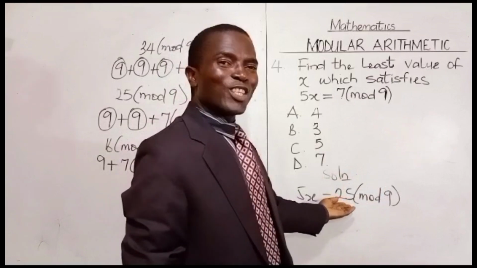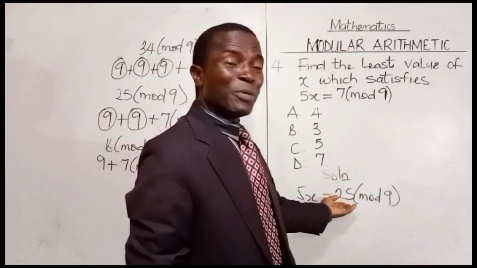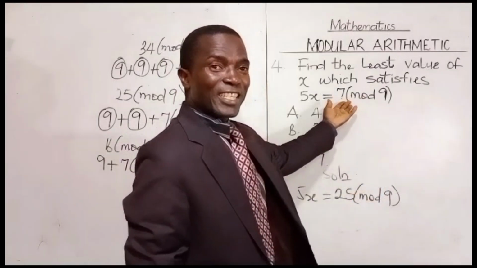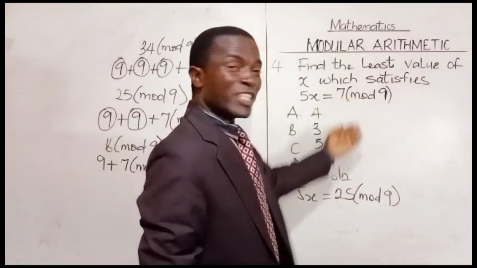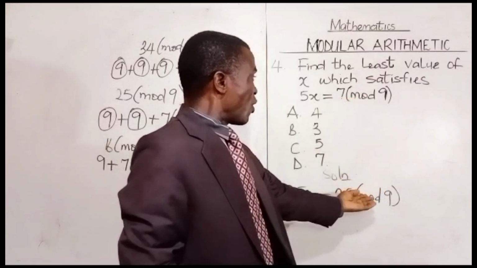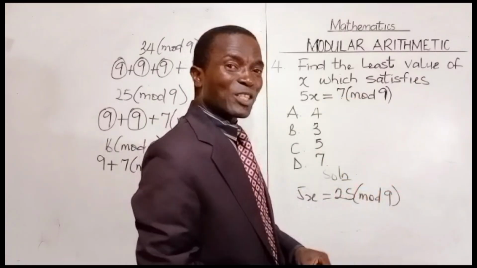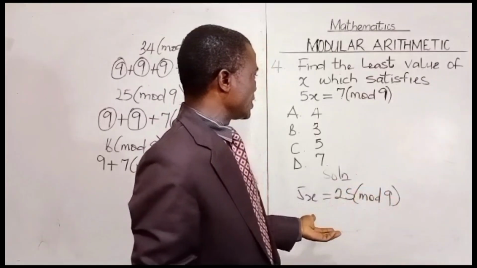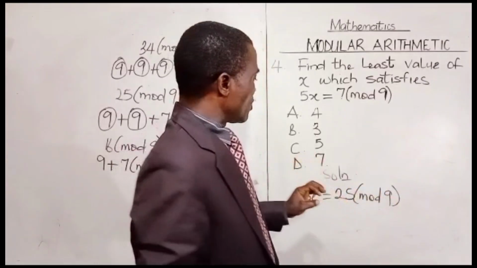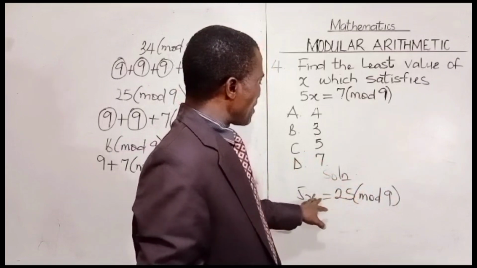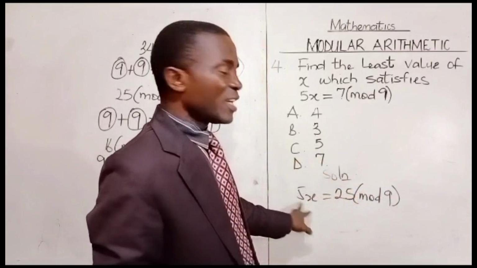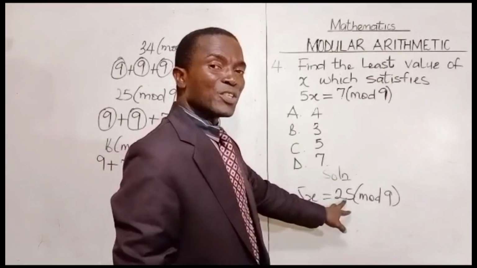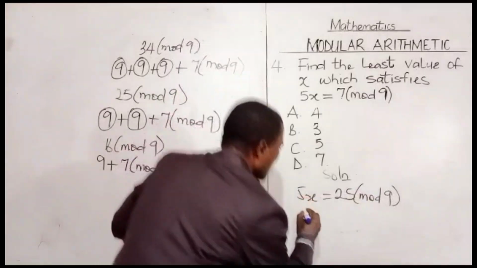This one is just a sibling in the family of 7. So they belong to the same family. 34 modulo 9 is also part of the family. 16 modulo 9 is also part of the family. But we have to look for one that can perfectly divide 5, and that is why we choose 25 modulo 9. So let us divide both sides by 5.